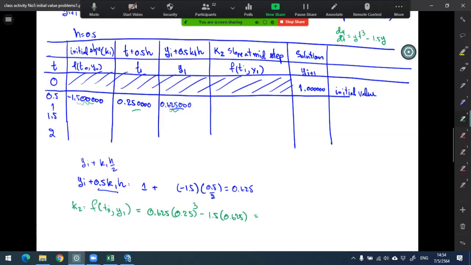So then we get the solution of it. Here is the solution.